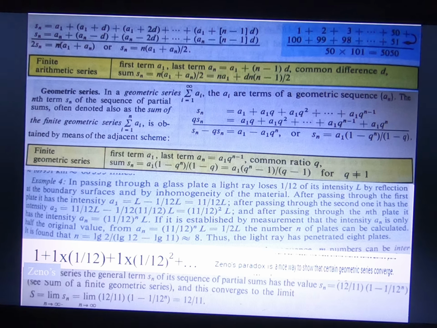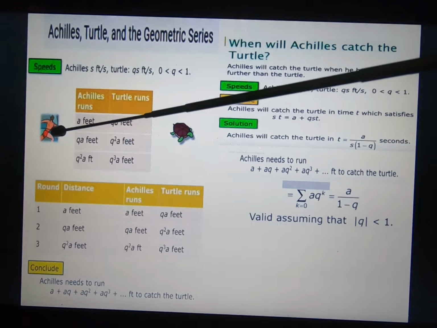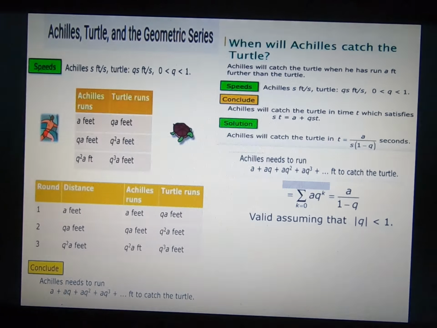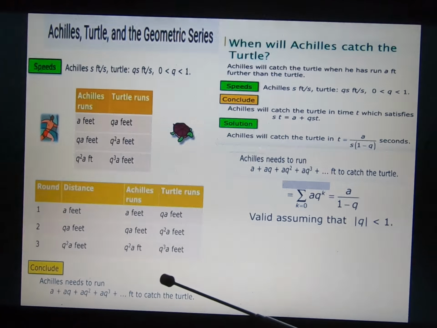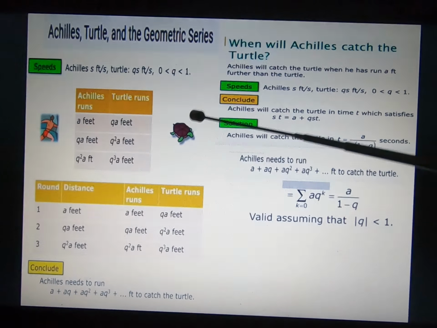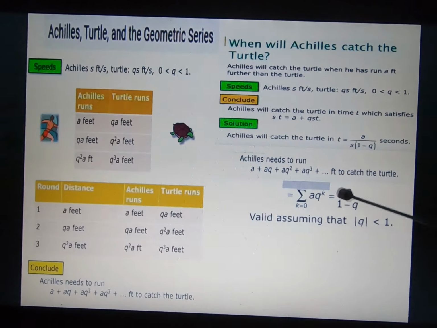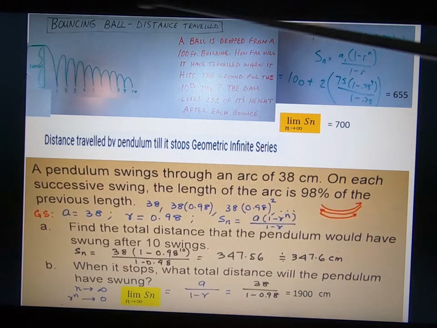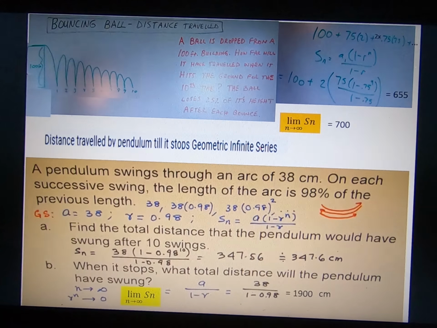I will give you an example. In Zeno's paradox, Achilles is running and competing with a turtle, and according to this formula, it says it's impossible for Achilles to catch up with the turtle, but actually he can, and it's just a way of calculating the geometric series. And here are other examples, bouncing ball distance and pendulum swinging. You can take a look at them.